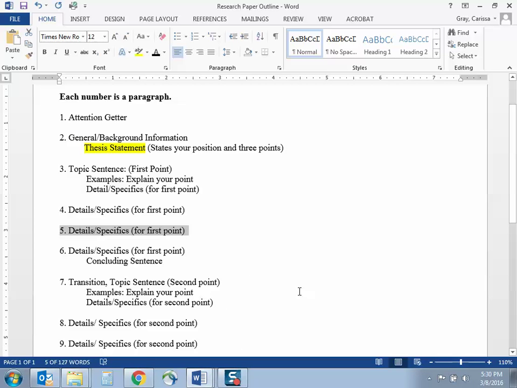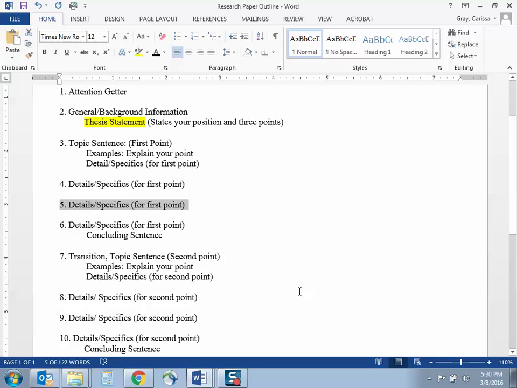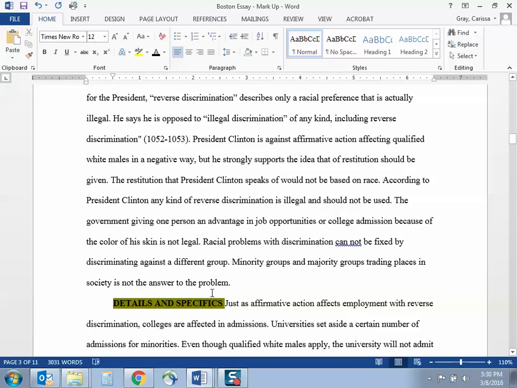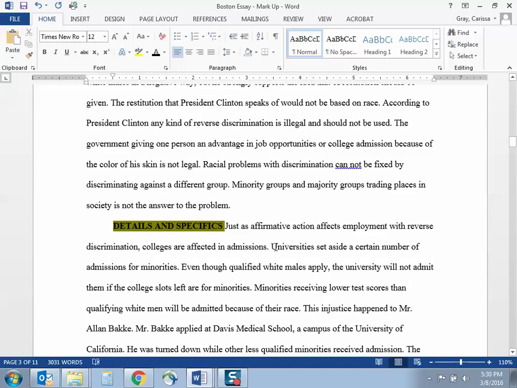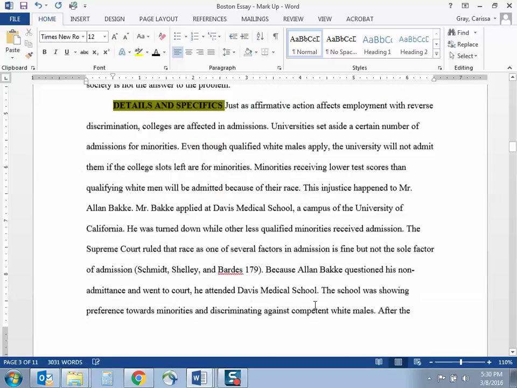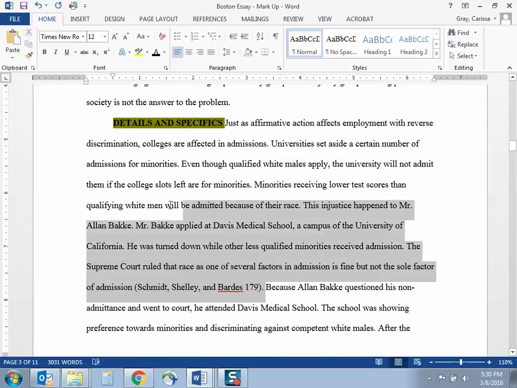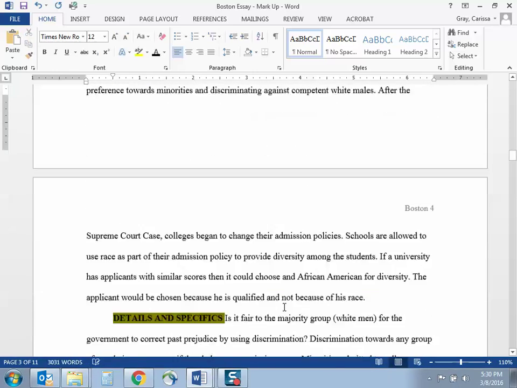So you want to talk about one case study at a time, one illustration at a time. Don't talk about Bill Clinton, the Supreme Court, and everybody else in one paragraph. You talk about one case study per paragraph. So in LaWanna's essay, this paragraph will be about universities. Okay? And she has several quotes. She's brought in her research.